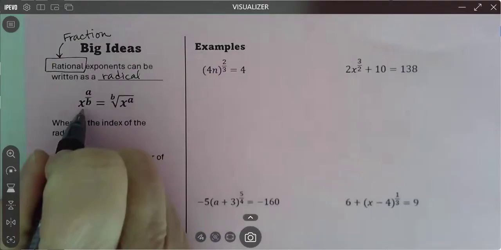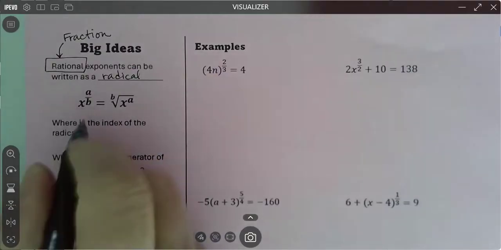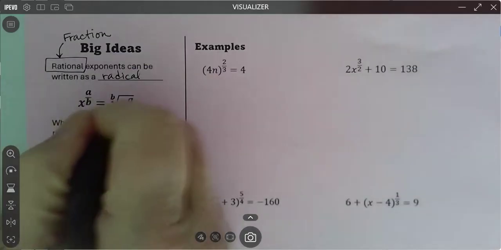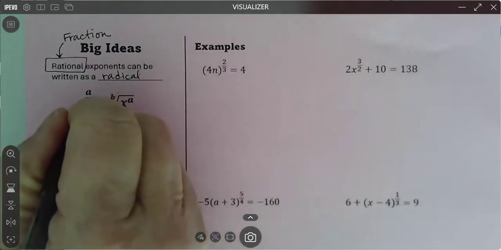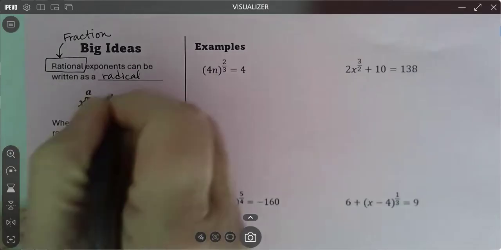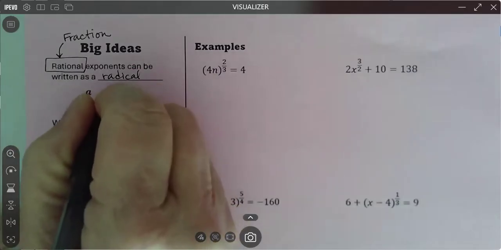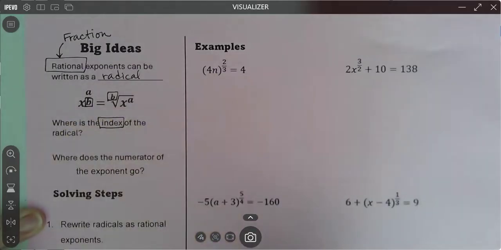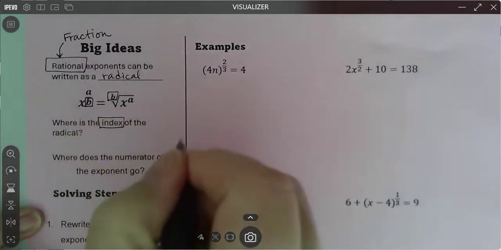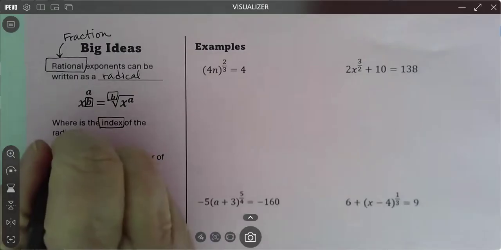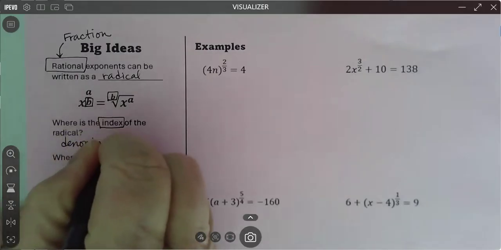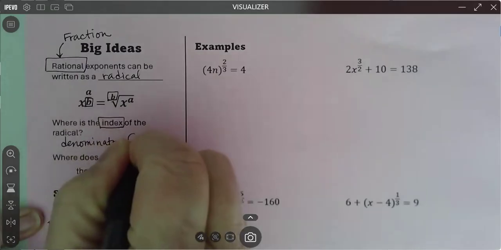So I could have this as an exponent, and this could be written as a radical if the denominator was written as the index. So the index for the radical is the denominator of the exponent.